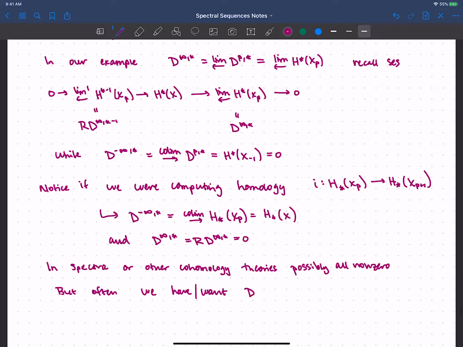Okay, this is really a nice case, but we do have it a lot of the time, which is that maybe just one of these is 0 or the other one is 0, either the limit or the colimit. And I think I just said those backwards. So colimit, or what I'm writing now, is the limit. Okay, so if one of those is 0, then we find ourselves in kind of a better situation for our convergence. But this video is getting a little bit long, so maybe let me stop there and we'll pick back up in the next one.